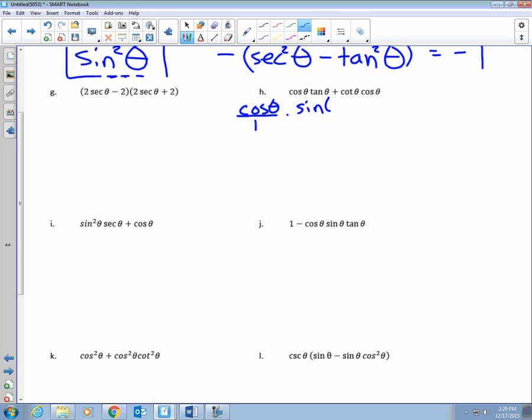Sine over cosine. What's going to happen to those cosines? Ooh, isn't that nice? Plus, how do you rewrite cotangent? Times cosine over 1.